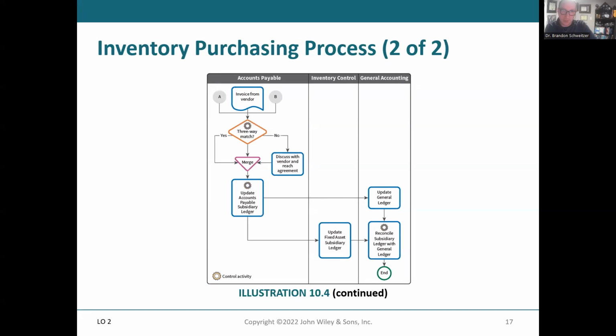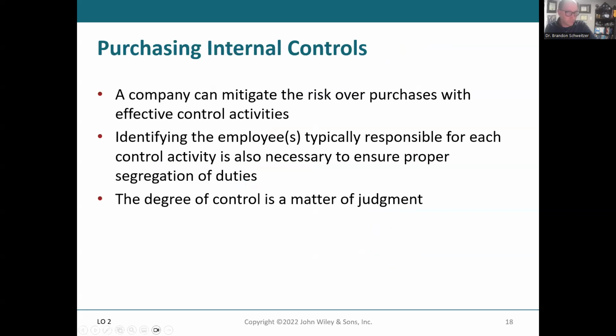Once it gets executed to accounts payable, it of course updates what we have in inventory, and then it makes its way onto the ledgers to then be executed through a check or electronic funds transfer to the vendor. Again, just think about the physical flow. That's what ultimately helps us to understand the purchasing and payment processes.